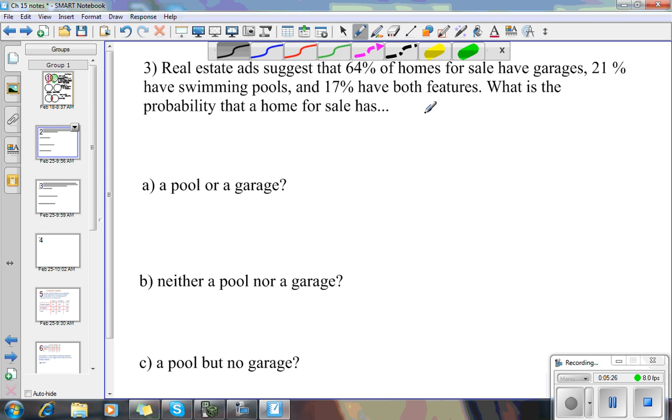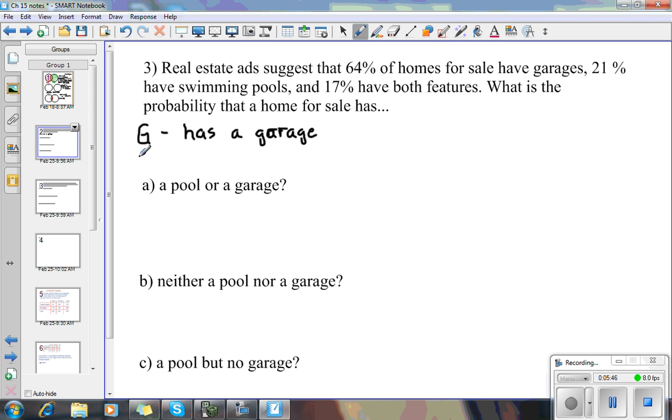And then I'm also going to show you with the symbols because I want you to be familiar with the proper notations for probability. So I'm going to use a G to represent has a garage. And I'm going to use a P to represent has a pool.